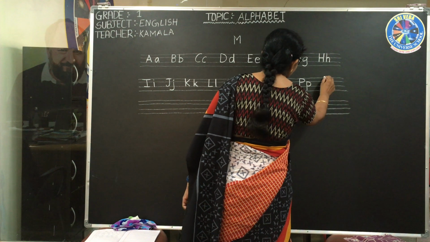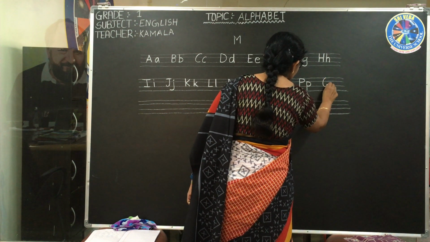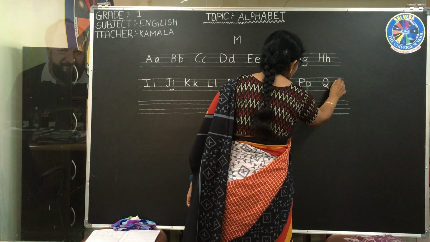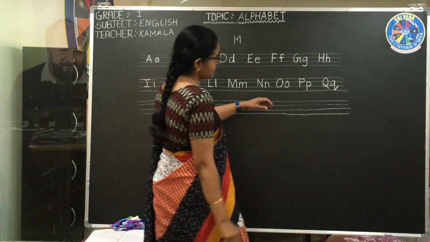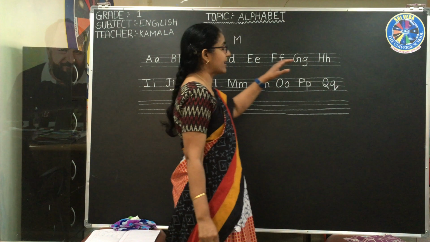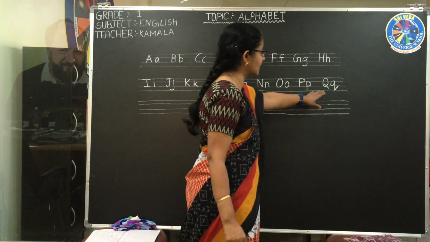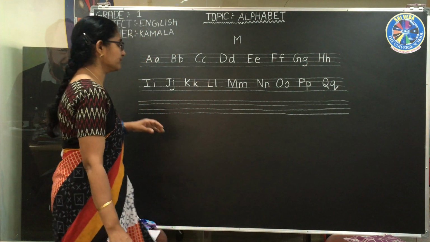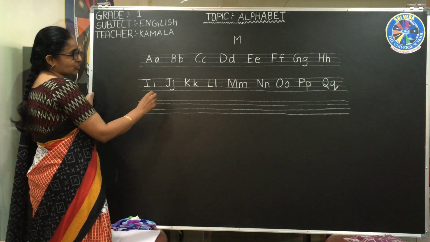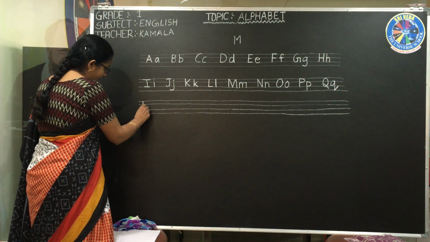Then it is Q. Q, small q. Usually children get confused between P and Q, like b and d. These are called the mirror images. So, Q. After Q, which letter, children? It is R.